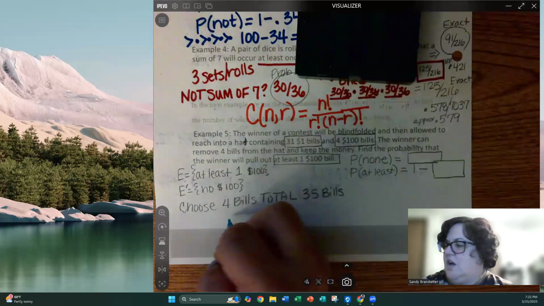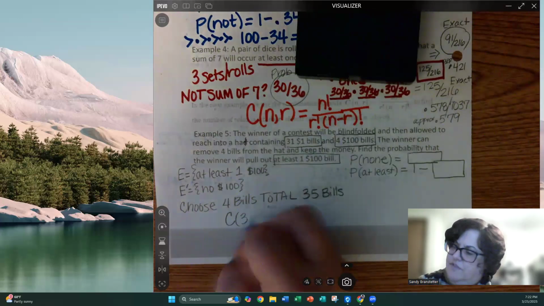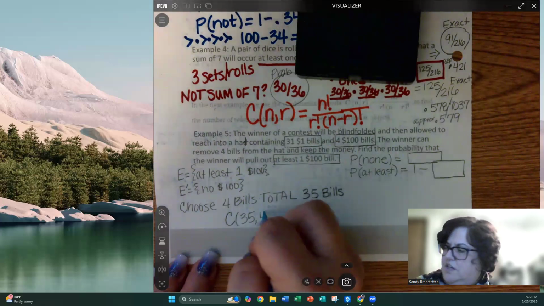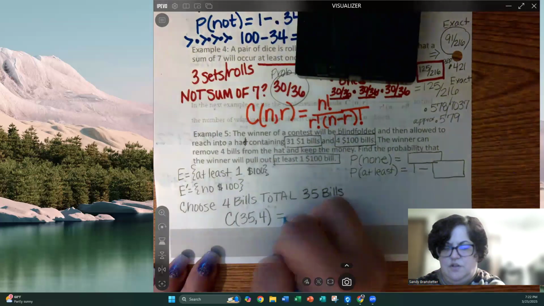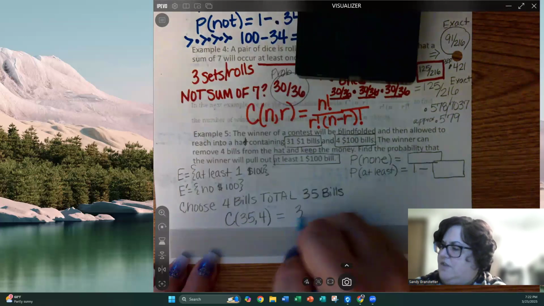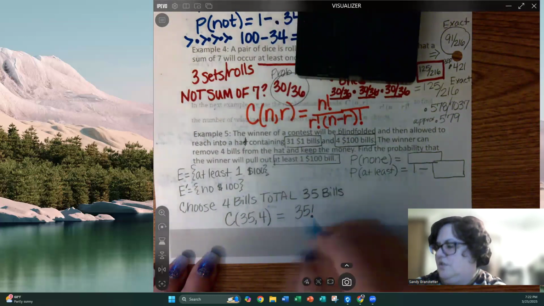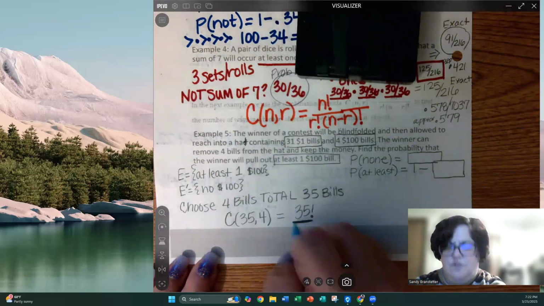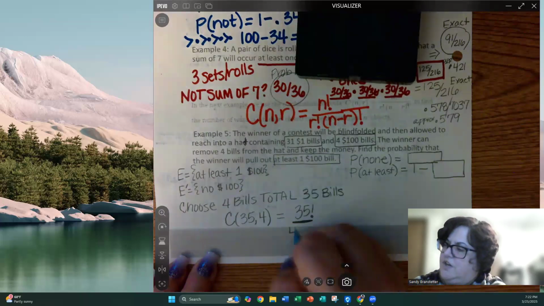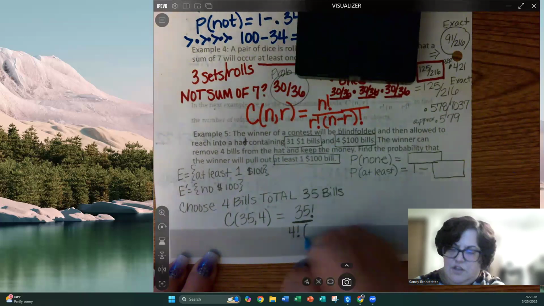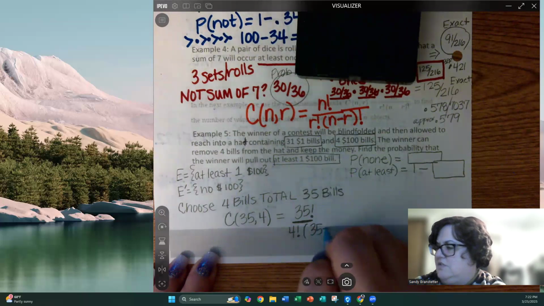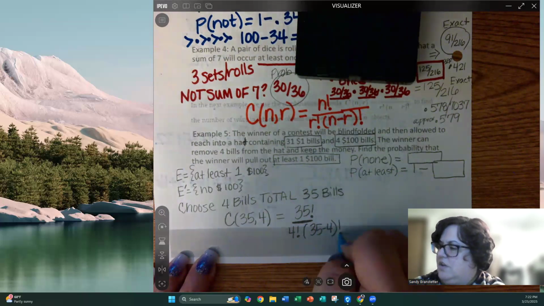So this is a combination of 35 choosing 4. So we have 35 factorial over 4 factorial and 35 minus 4 factorial.